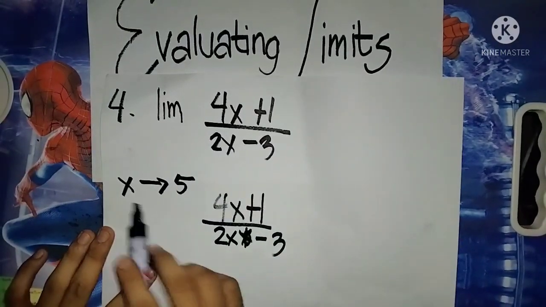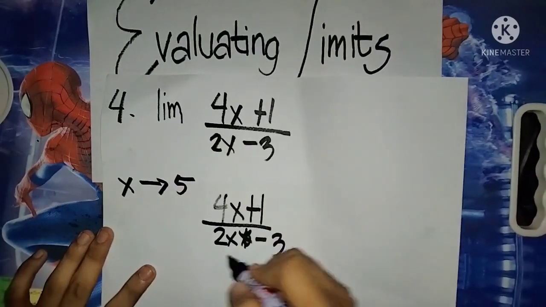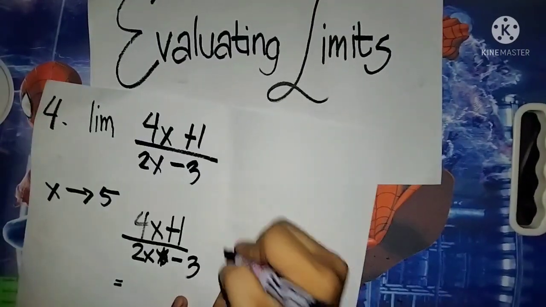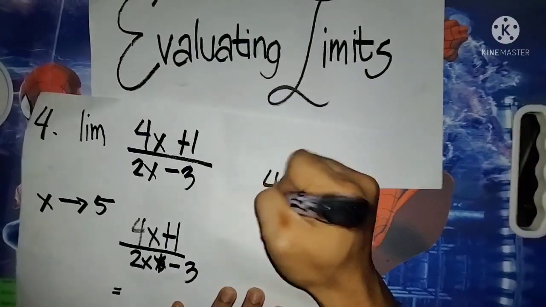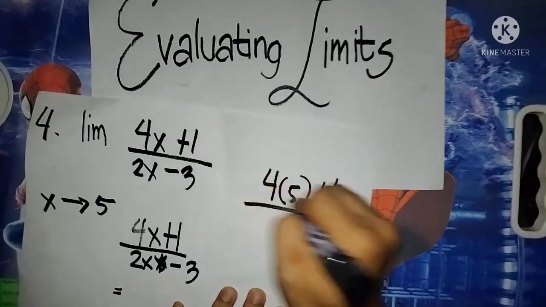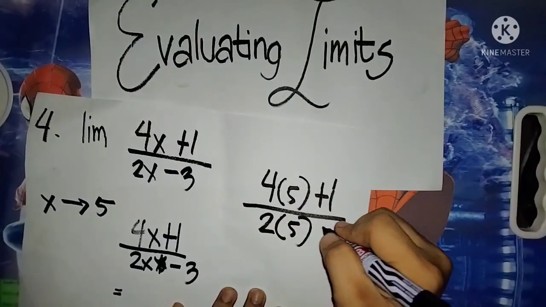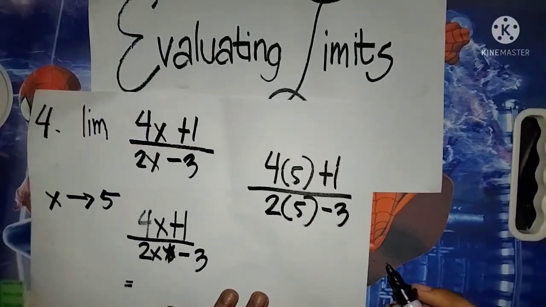Our x is 5, so we do direct substitution here. So we have 4 times 5 plus 1 over 2 times 5 minus 3.